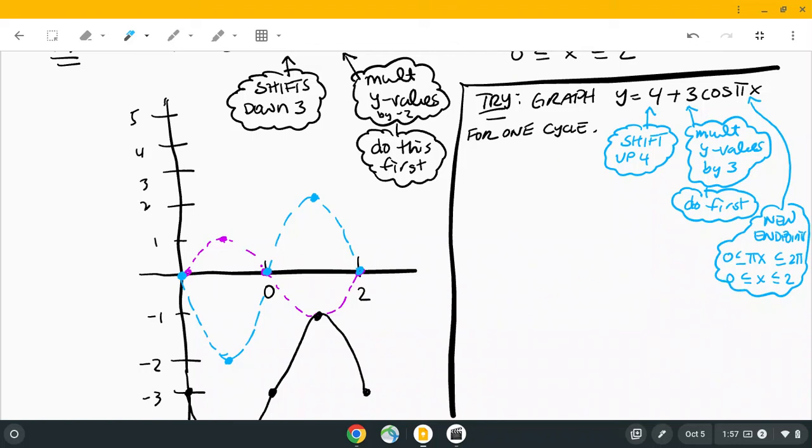Let's go back to our black ink. That's not 0, that's 2. So we're going to go from 0 to 2 instead of 0 to 2 pi.